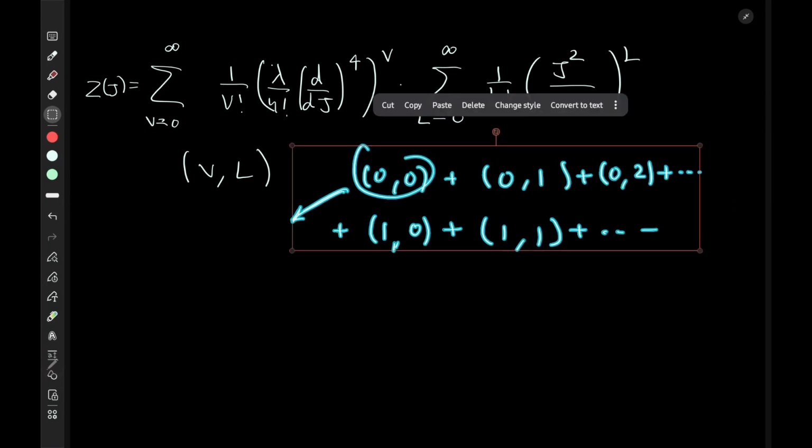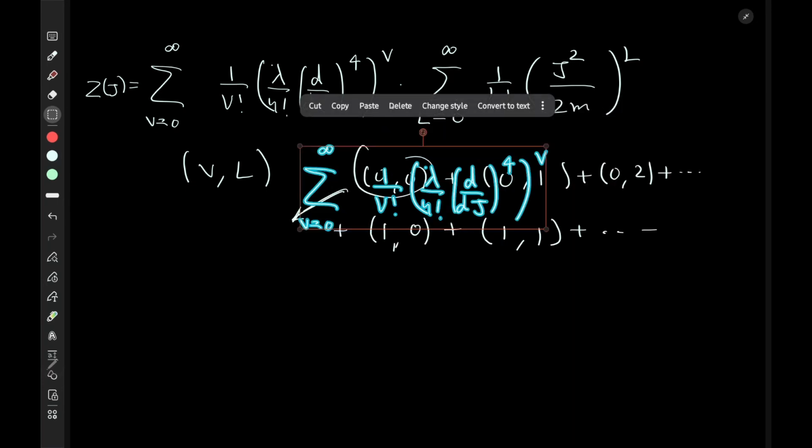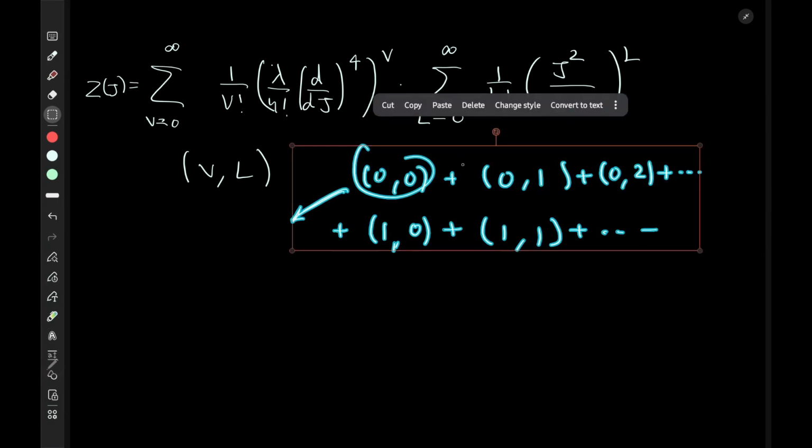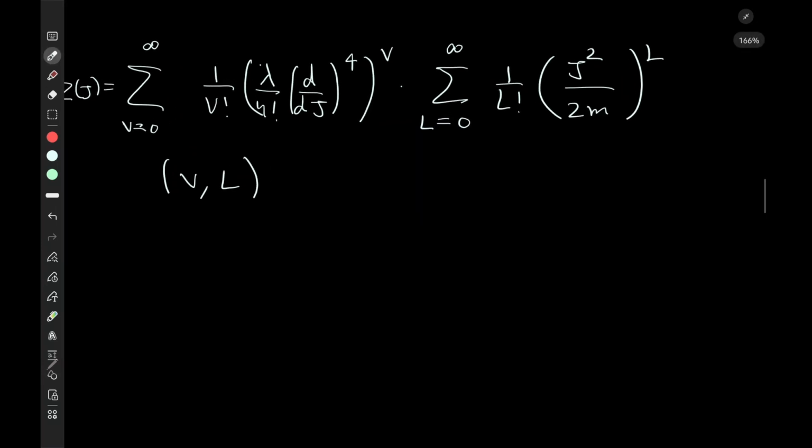Once again, v, L just means a term in this Taylor expansion, and all those terms are to be added at the end. So for every term corresponding to v, L, I will add a graph, and I'll show you how that will work.